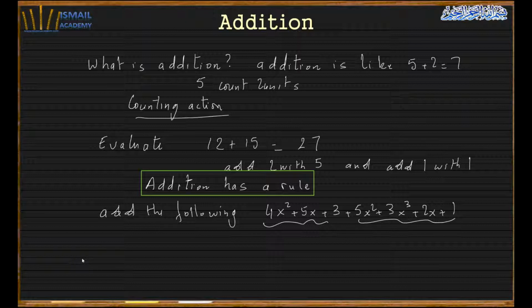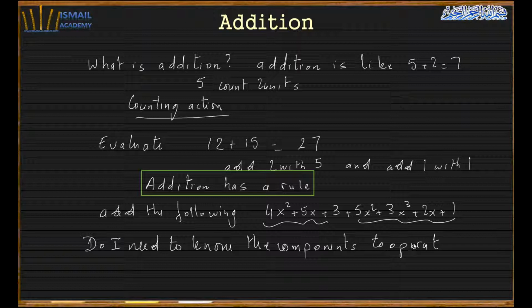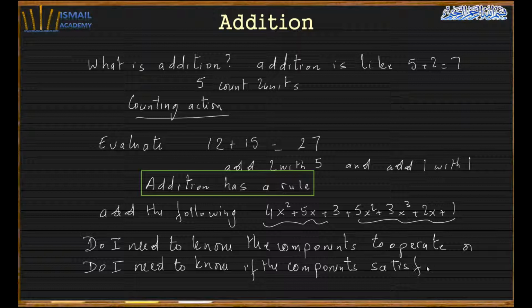Do I need to know the component to operate, or do I need to know if the component satisfies the rule of the operation?